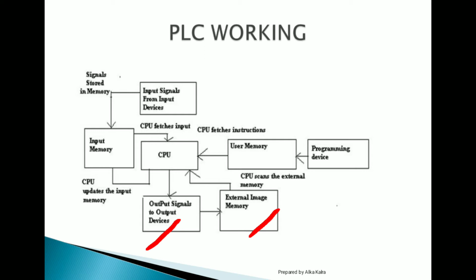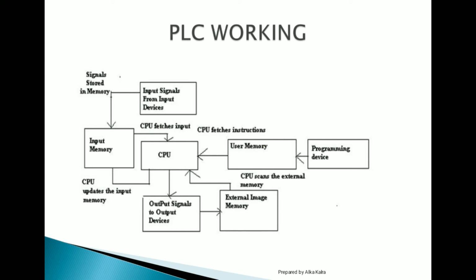CPU, while executing the program, this is the user. User is doing programming from this. User stores its program in the user memory. CPU reads these instructions that are given by the user or the programmer, and it takes the input signals and executes the program according to the user requirement, and it produces the output.